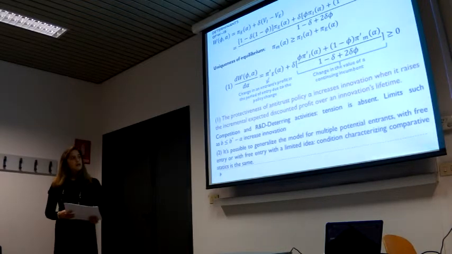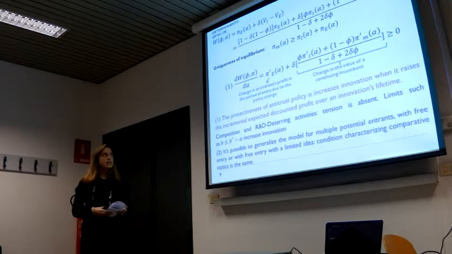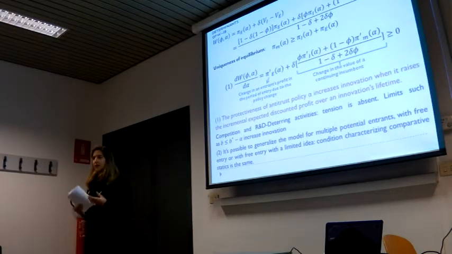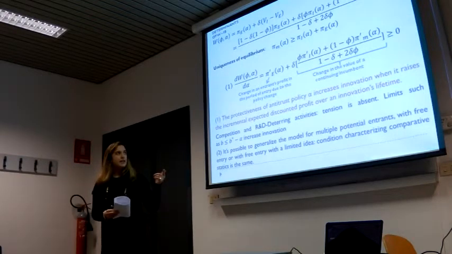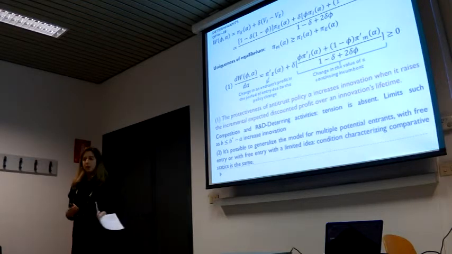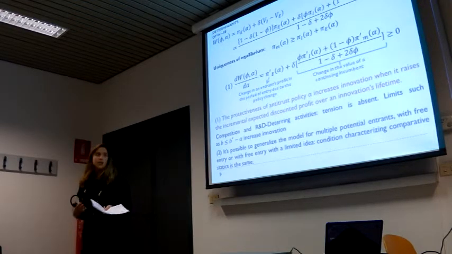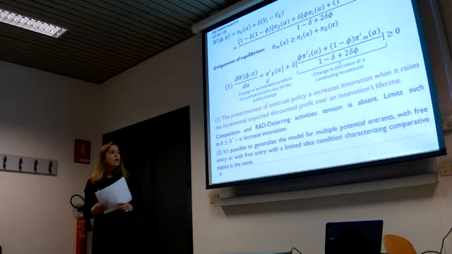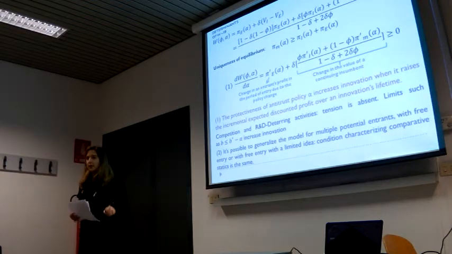Because the authors concluded that when the first term, that is the change in the entrant's profit in the period when there is an entry, is higher than the discounted value of the change in the value of the continuing incumbent, that is the change in the profit of the incumbent once it has established itself as an incumbent, we will find a positive connection between the increase of antitrust policy and the increase of innovation.